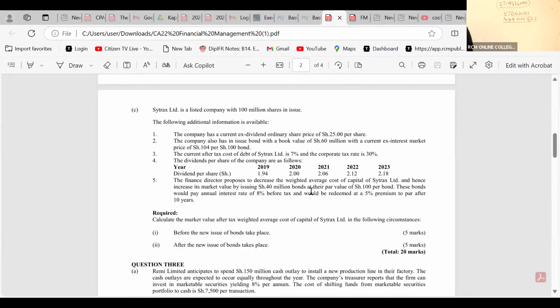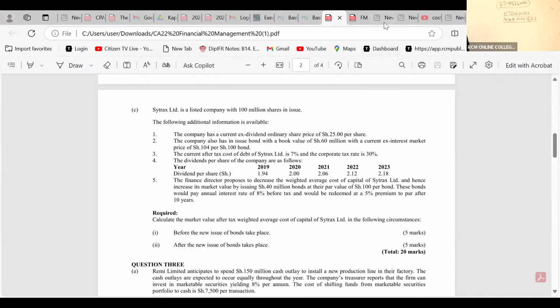These bonds will pay an annual interest rate of 8% before tax and will be redeemed at a 5% premium to par after 10 years. So they want us to calculate the market value after-tax WACC in the circumstances before the new issue of the bonds takes place.